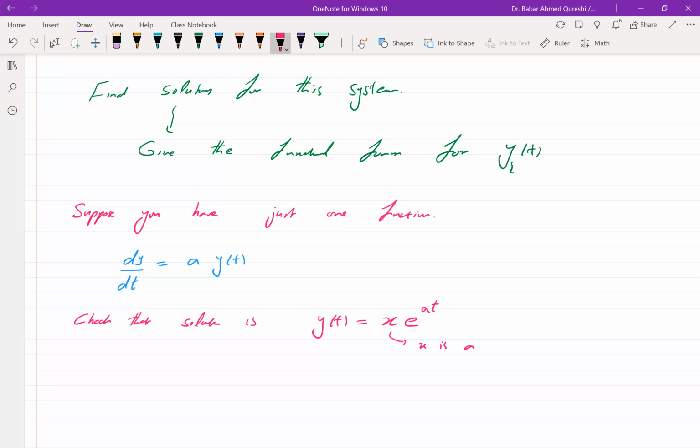X is a constant and the function is e to the a t, exponential of t, with a appearing over here.